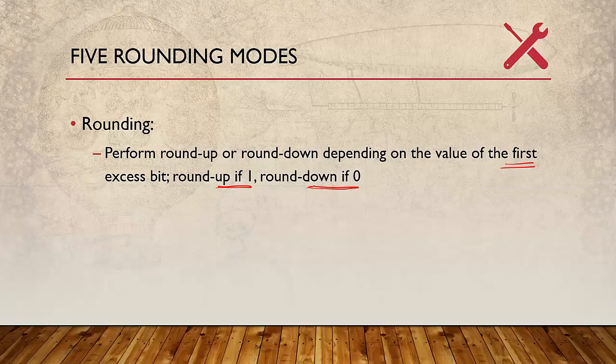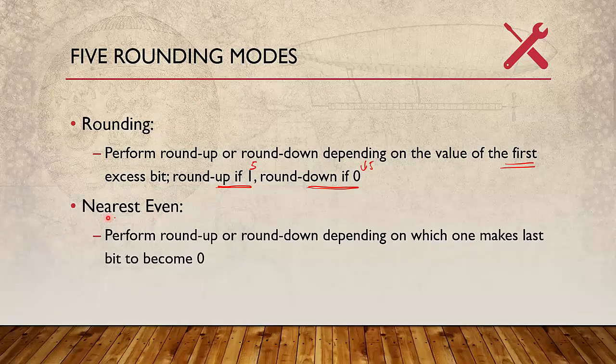We can compare this to the decimal system, where we do round up if the next digit is 5 or more, but if it is less than 5, we do round down. So basically, rounding is doing either round up or round down to whichever is nearer to the actual value.